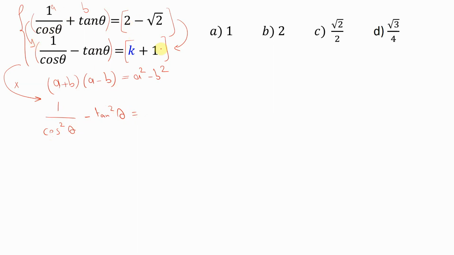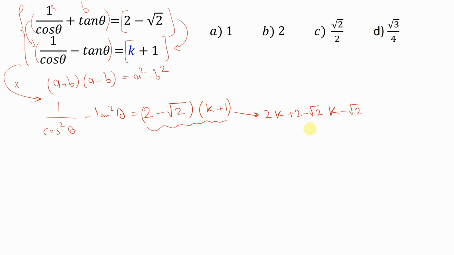Now about the right hand side. I'm just going to rewrite it: 2 minus square root of 2 times k plus 1. Now I'm going to calculate this. So 2k, 2 times 1, which is 2, minus square root of 2 times k minus square root of 2.